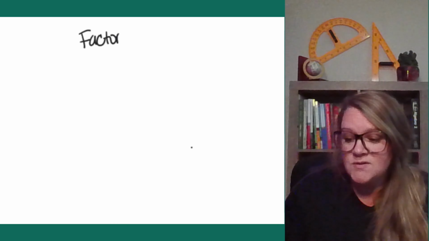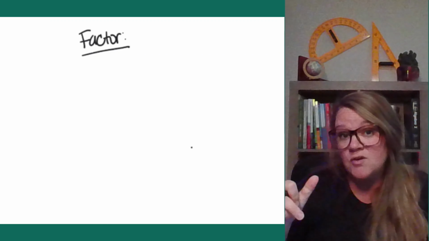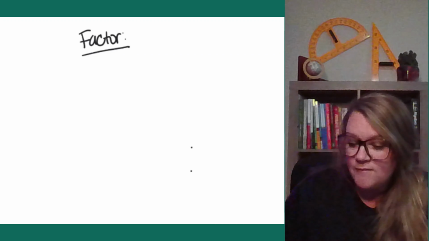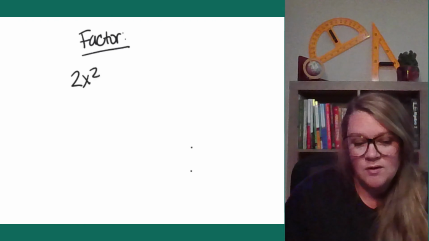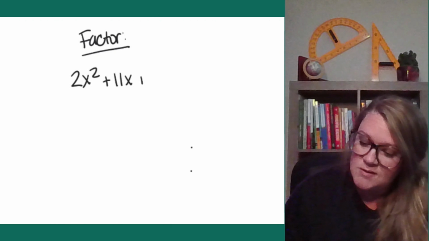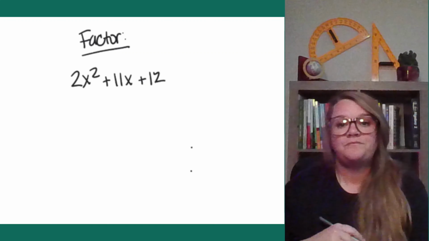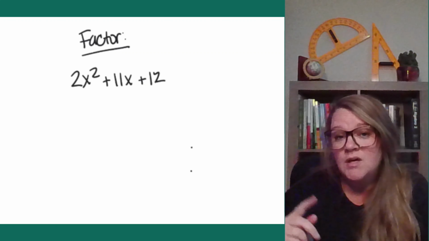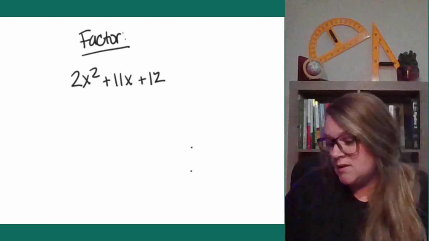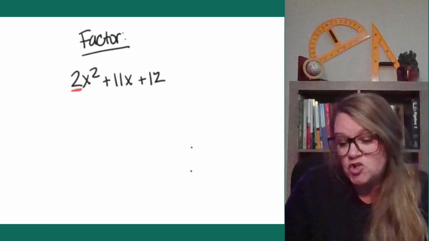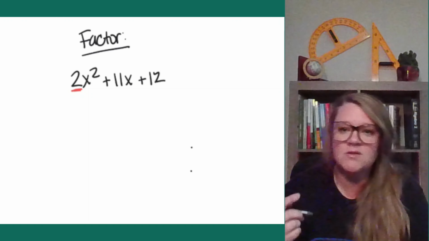So let's take a look at our first one here. So we are factoring. Remember, factor means what can I multiply together to give me this? So our first one is 2x squared plus 11x plus 12. This one looks a little bit different than the last ones because there's a 2 in the front, okay? And that just makes one part of this different.